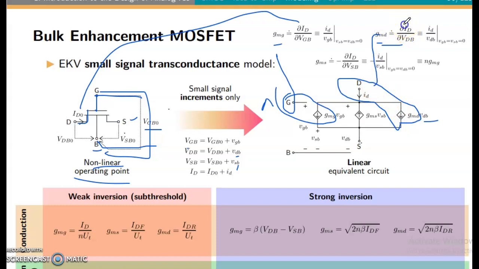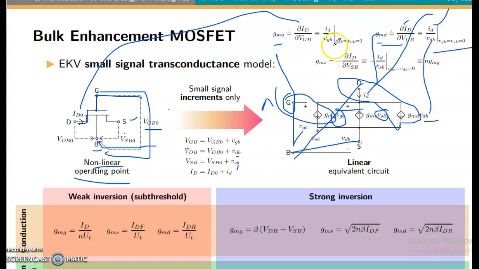So drain current with respect to what? VGB first, then VDB, then VSB, like that. Then small ID, then small VDB. The remaining VSB and VGB equal to 0.